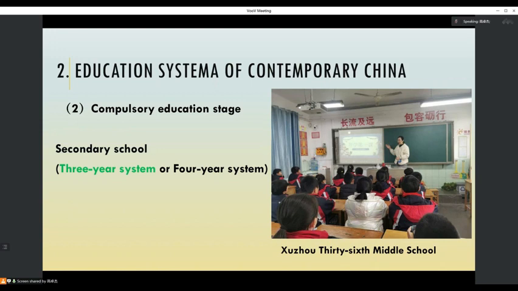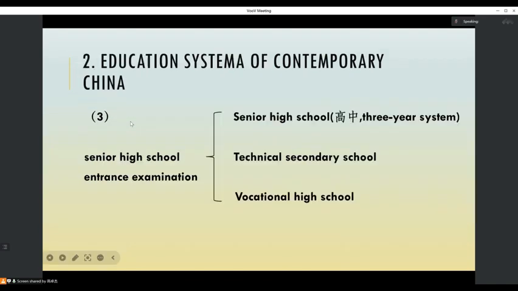Secondary school. Senior high school entrance examination, 中考. If one student takes the examination, you can have three choices.